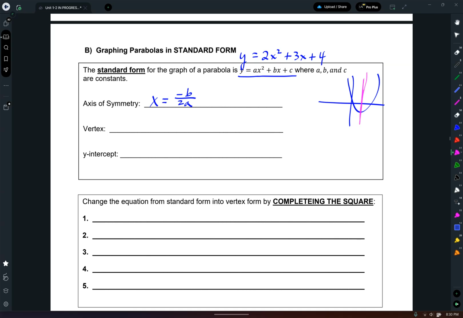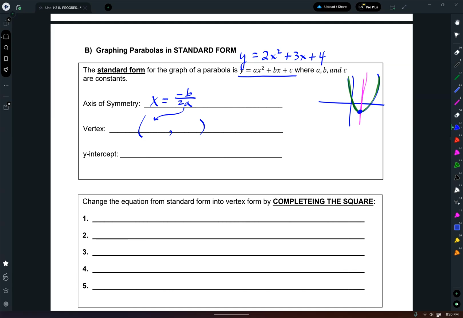We call it an axis of symmetry because the part of the parabola on the right is a mirror image of the part on the left. It always goes down through the vertex. Since it goes through the vertex, the x-coordinate of the vertex is whatever the axis of symmetry is.